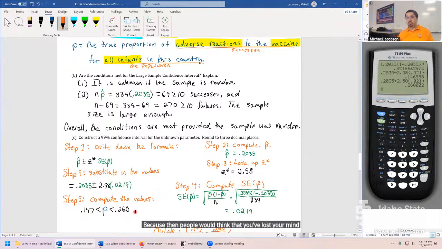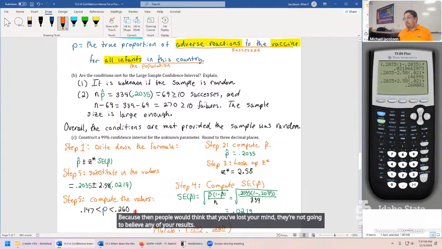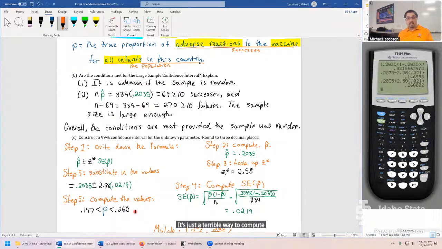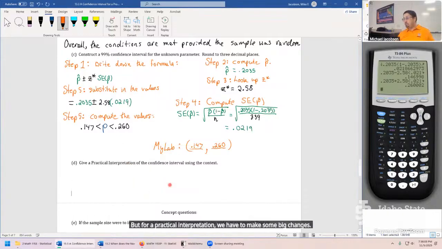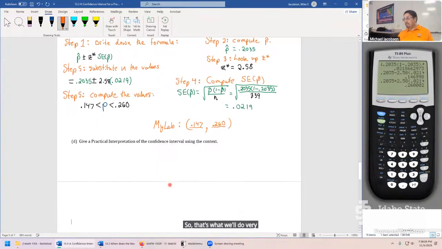They're not going to believe any of your results. It's just a terrible way to communicate what we've actually computed. Mathematically, it's correct, but for a practical interpretation, we have to make some big changes. So that's what we'll do very next on part D.